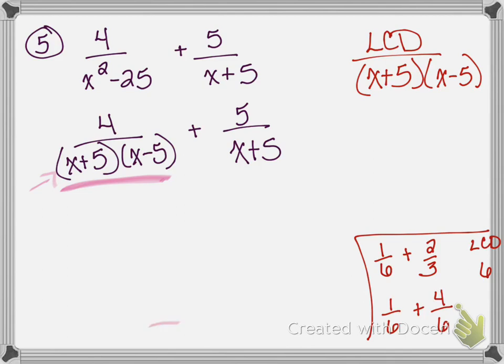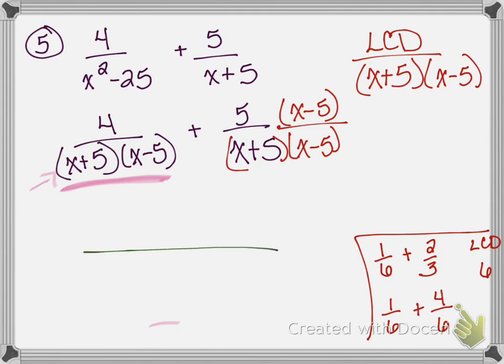Now the second rational, I am missing an x minus 5. So I've got to multiply the bottom times x minus 5, and then I have to multiply the top times x minus 5. So my common denominator here is x plus 5, x minus 5. Then I have 4 from my first rational.